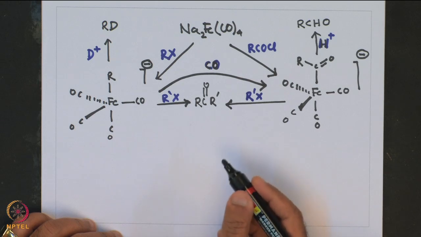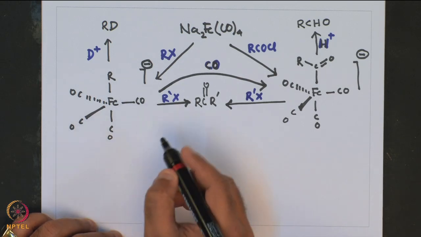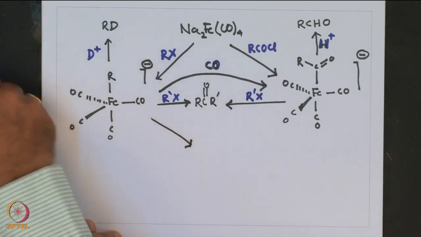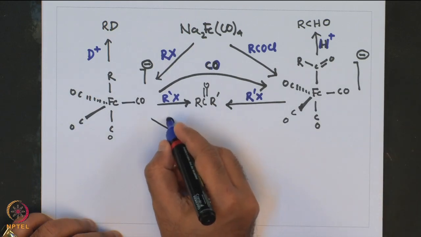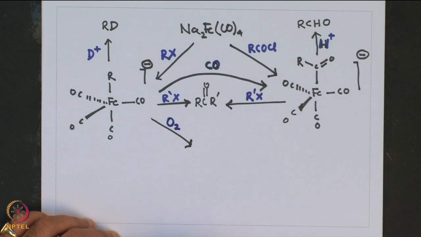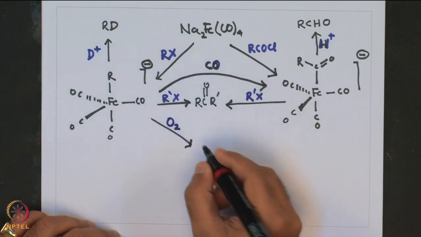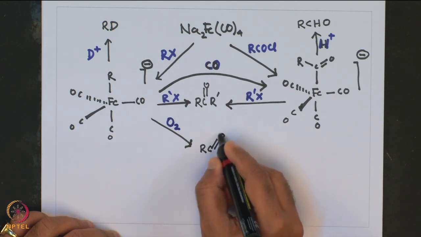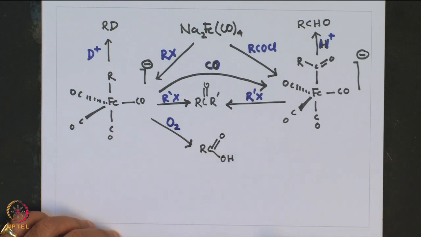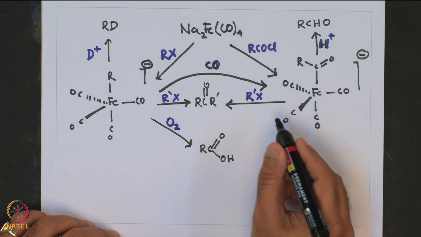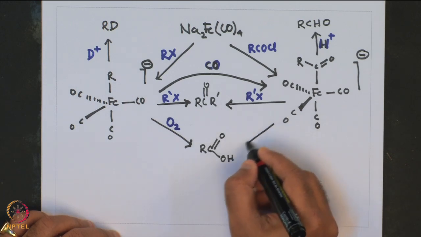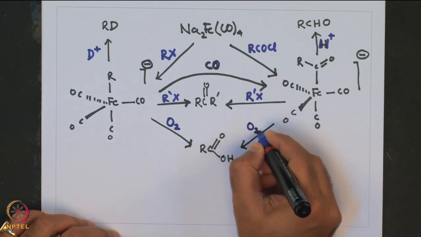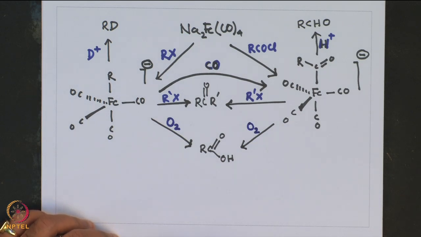Now, the iron alkyl complex similarly when treated with oxygen gives acid, and the acyl complex also when treated with molecular oxygen produces this acid.